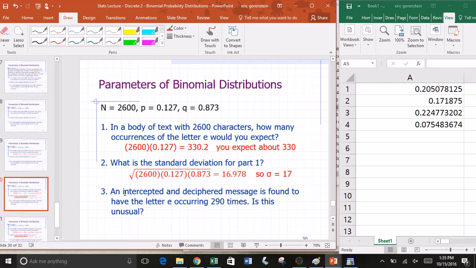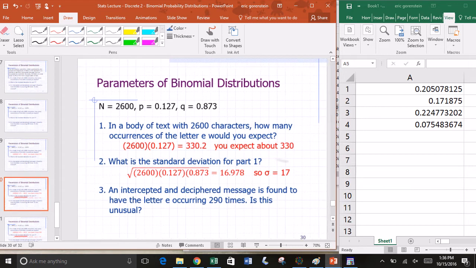Now, an intercepted and deciphered message is found to have the letter E occurring 290 times. Is this unusual? Well, the expected number of letter E's that you would see is 330. So now the question is, is 290 unusually low? Our criterion for unusual is more than 2 standard deviations away from average.